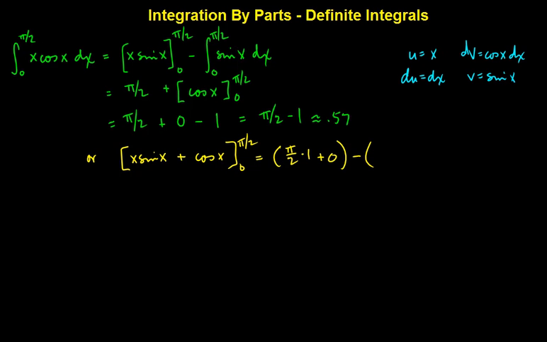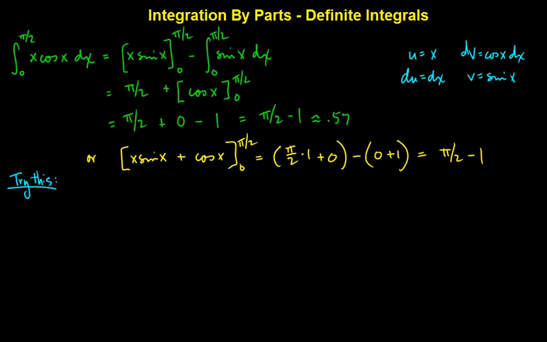So we've evaluated that whole expression at pi over 2. Now we'll evaluate it all at 0: x sine x at 0 comes out to be 0, plus cosine of 0 is 1. You'll see when you do it that way, you also get pi over 2 minus 1. So either of those two strategies will work when using definite integrals.